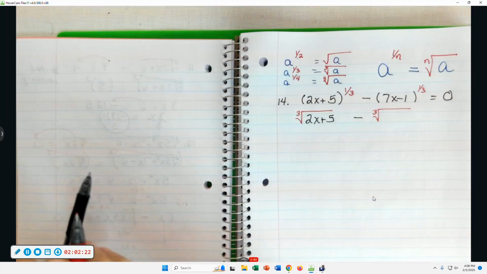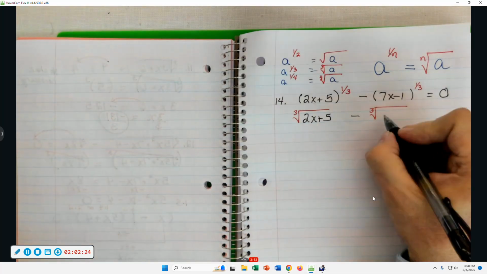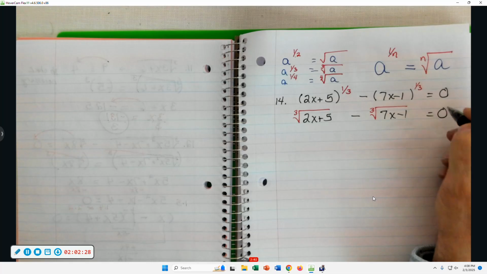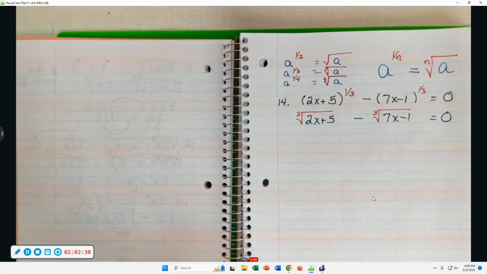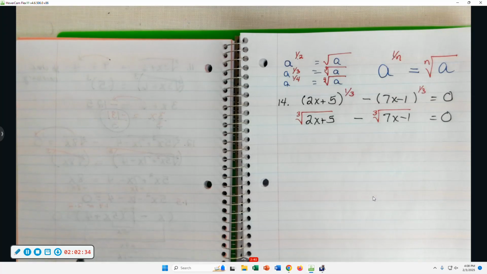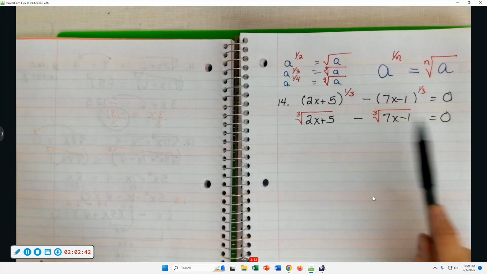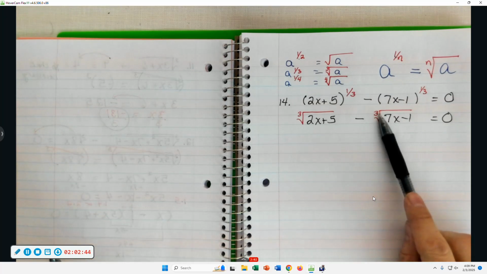So now that we see these are cube roots, are we going to have to check our answer? No, we're not going to have to check our answer. And there's really only one sensible next step. Before we can cube both sides, we have to isolate a radical. Which one should we move? Should we move the first one or the second one?